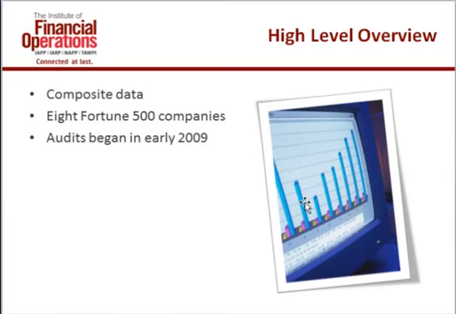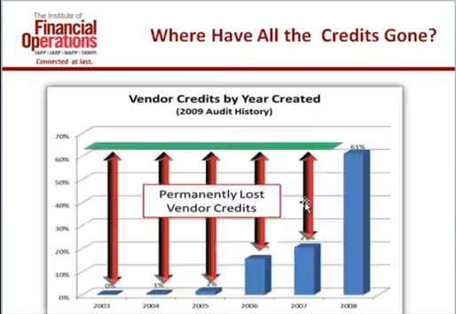They gave me the access to this. We took a look at it, and I really do believe that a picture's worth 1,000 words. So I want to go through this a little bit. Let's take a look at this. We're talking about the beginning of 2009, and we're looking at credits that were recovered.